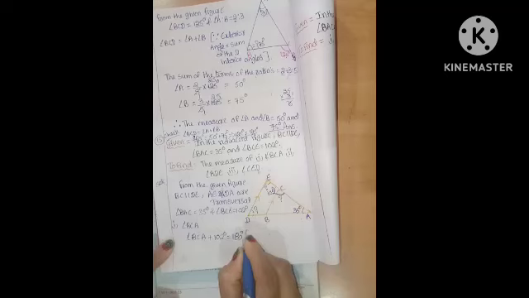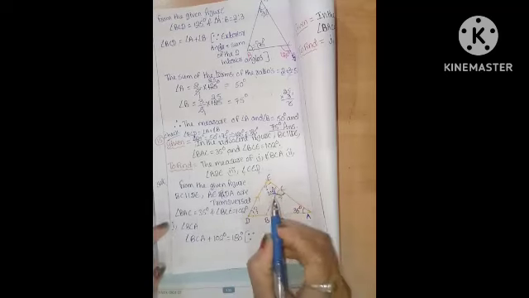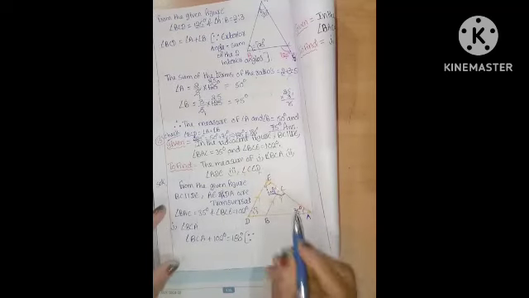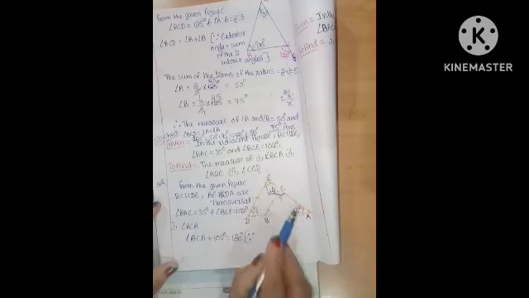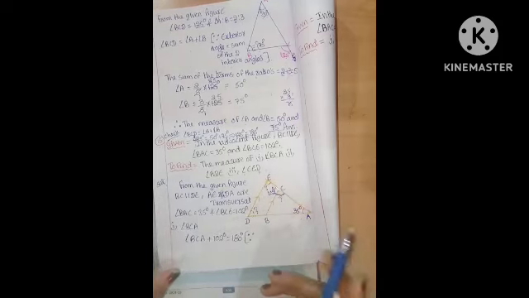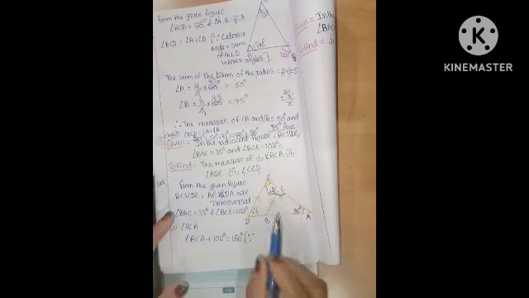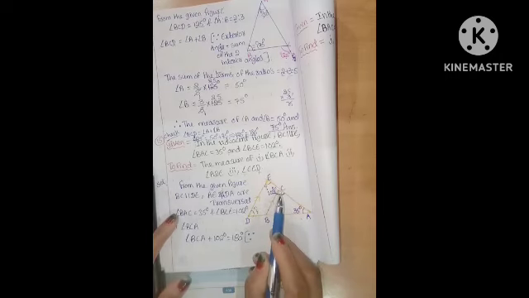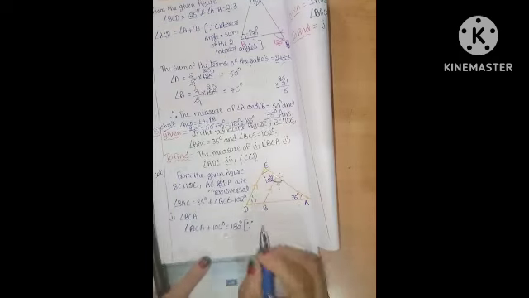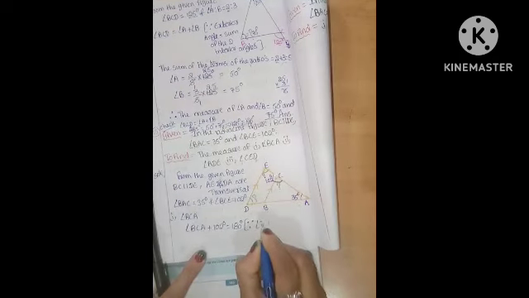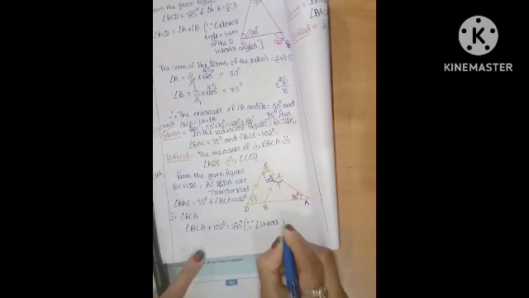Why is it equal to 180 degrees? Have you understood? These two are the linear pairs only. Why? This is a straight line. Sum of two adjacent angles is equal to 180 degrees. These two angles are at point C on a straight line. So that's why these two are linear pair angles.